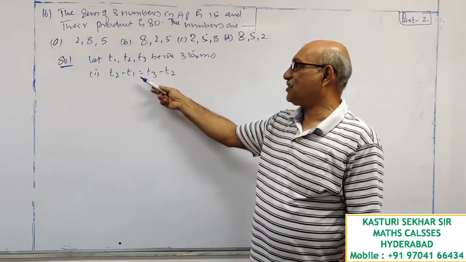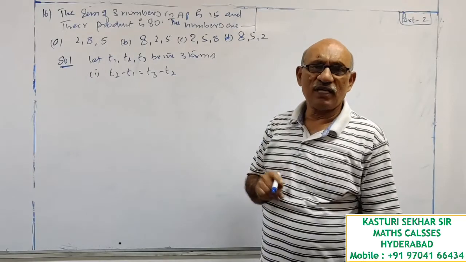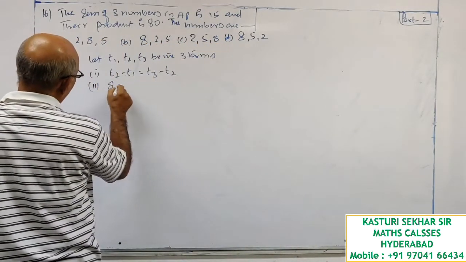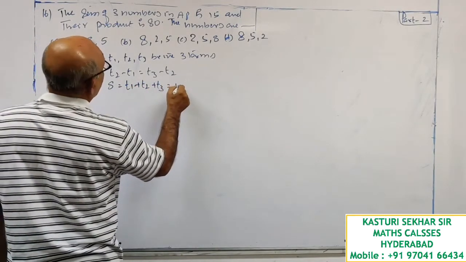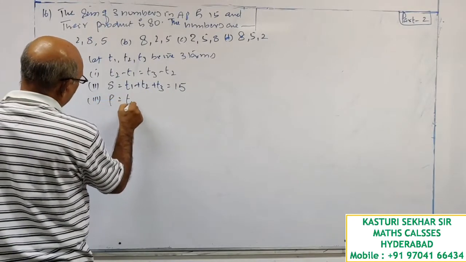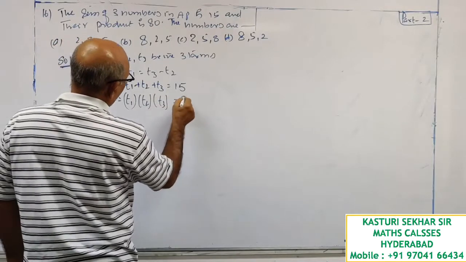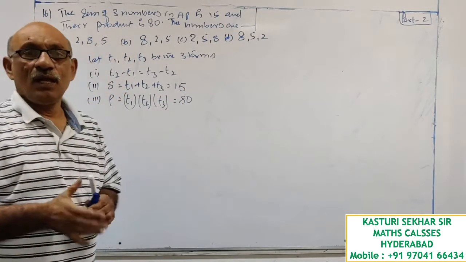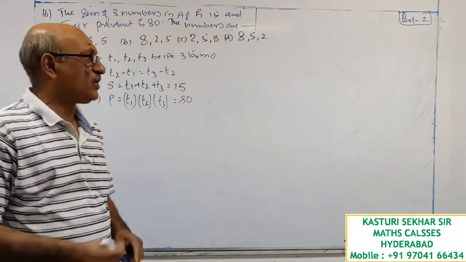This condition the option has to satisfy. Second one is S is equal to T1 plus T2 plus T3, this is equal to 15. Third condition is product, product is equal to 80. So the option which satisfies these three is my answer.